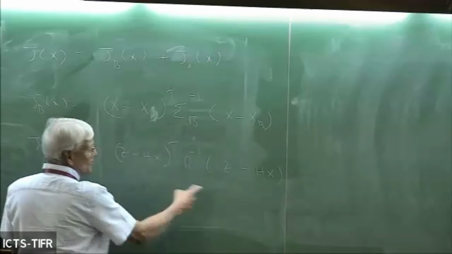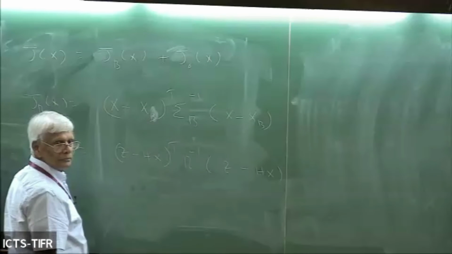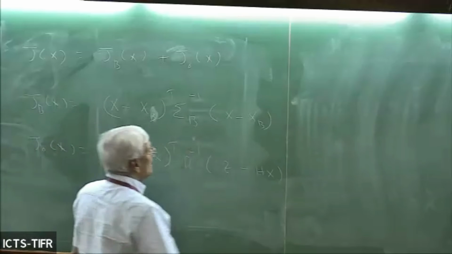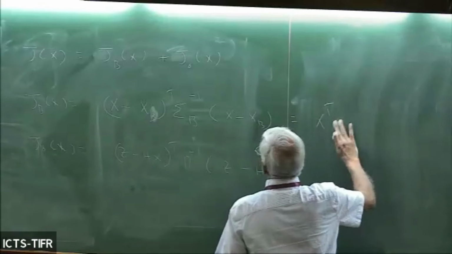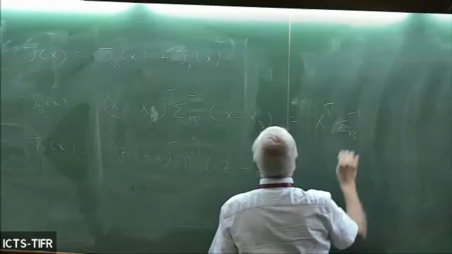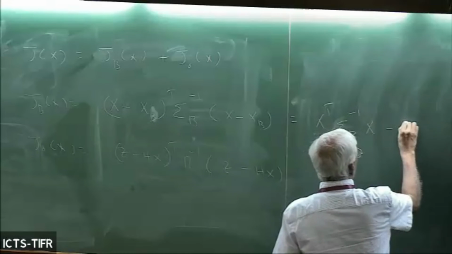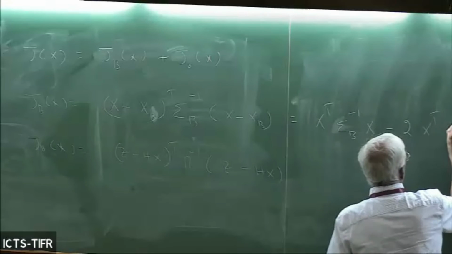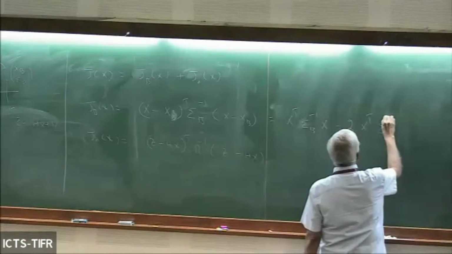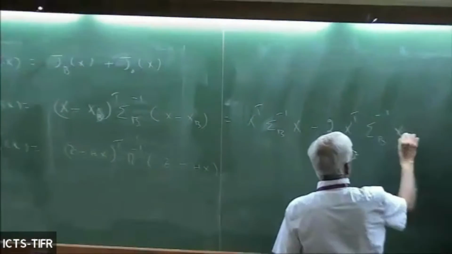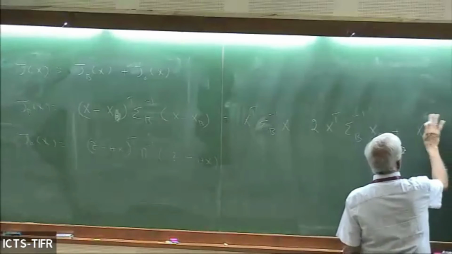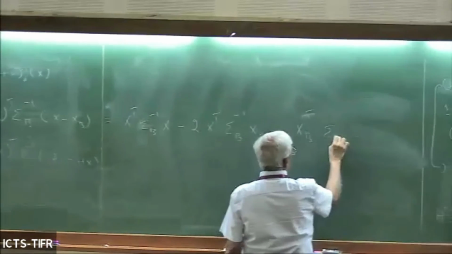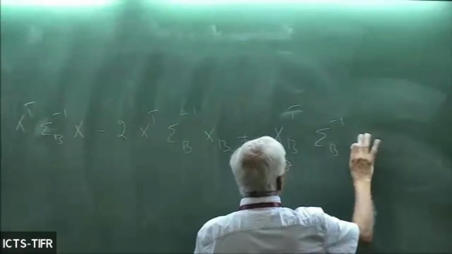Now what is this? This quadratic function is the same type as this. So if I multiply this out, what do I get? X transpose sigma b inverse x minus 2 times x transpose sigma b inverse xb plus xb transpose sigma b inverse xb.